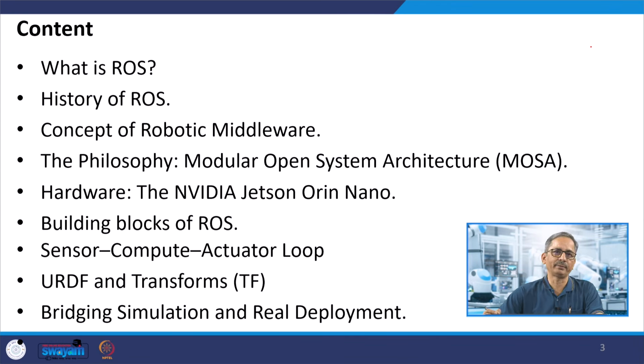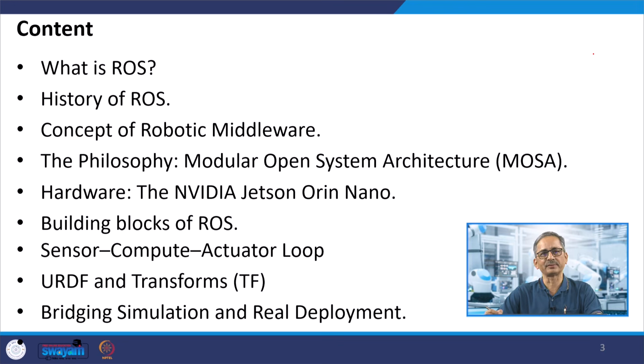So, this is how my content will flow for today's class. First we will learn what ROS is. We will see the history of ROS and the concept of robotic middleware, which ROS actually is. What is the philosophy for this?